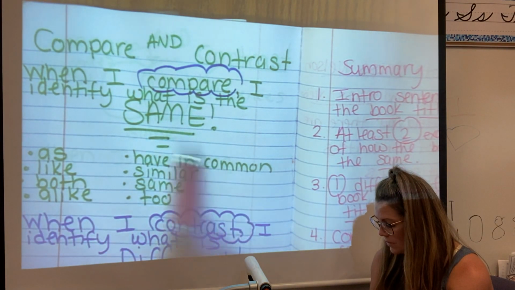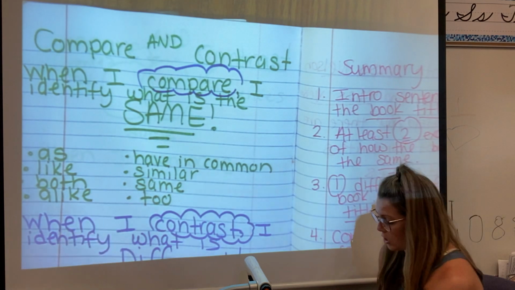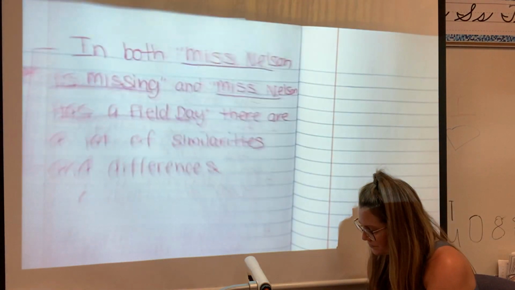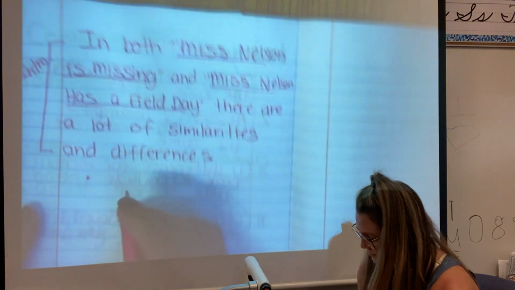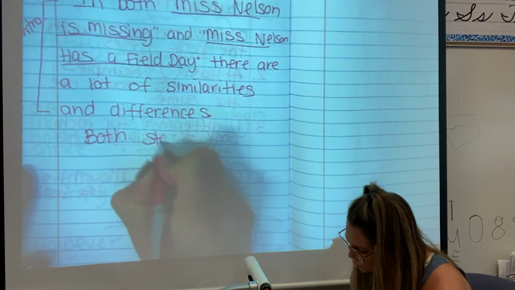Let's see. Maybe we could say they are alike, or both books are alike because both stories, I like that.